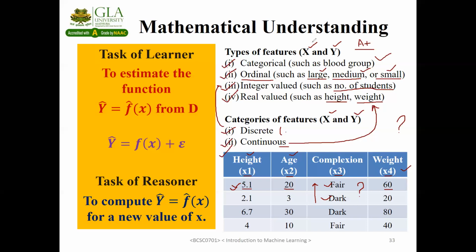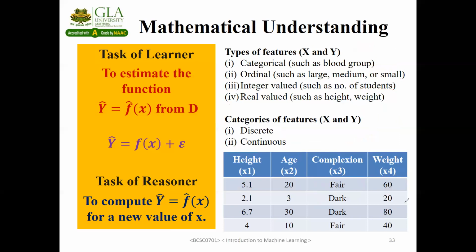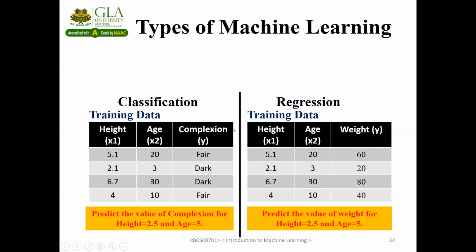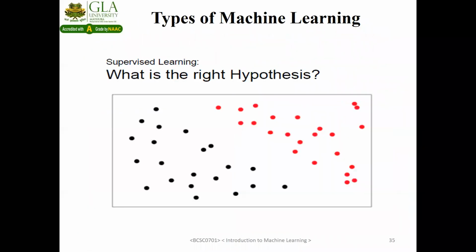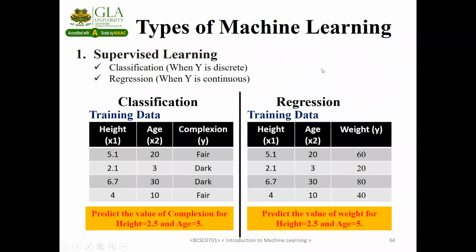Then we continue this way. Based on that, we classify the machine learning techniques into three categories. The very first category is called supervised machine learning. So what is supervised machine learning?